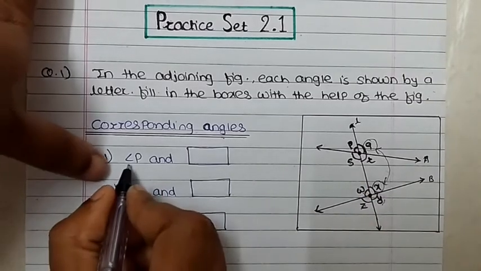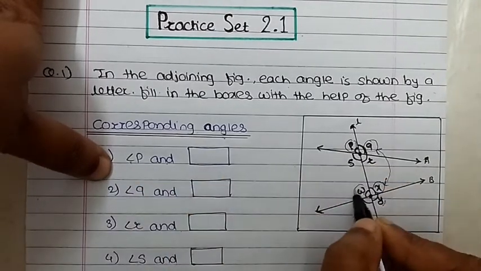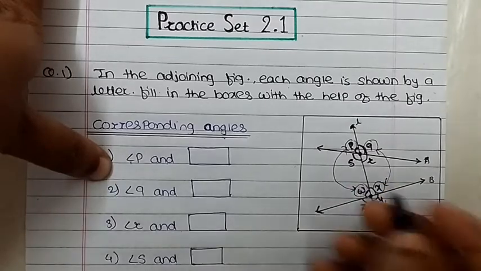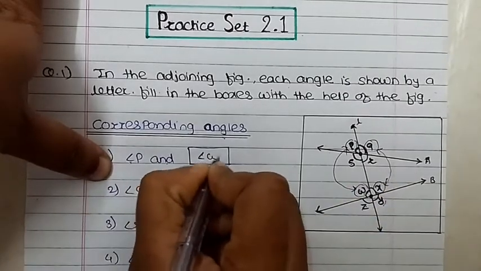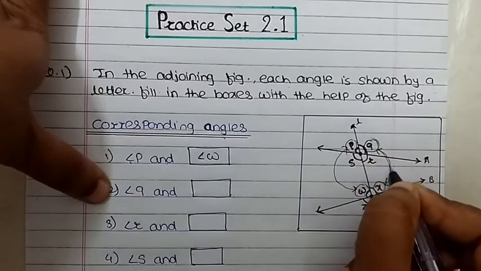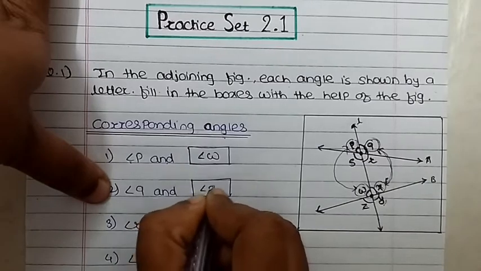So similarly, P is equivalent to what? P and W. Correct? So your answer is W. Next, Q and X, so angle X is there.